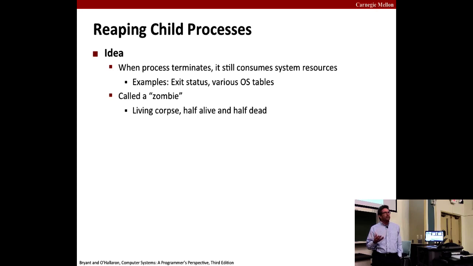So when any process terminates, the system doesn't remove it entirely from the system. It keeps a little bit of state associated with that child in the form of the exit status of the child and some other OS tables.